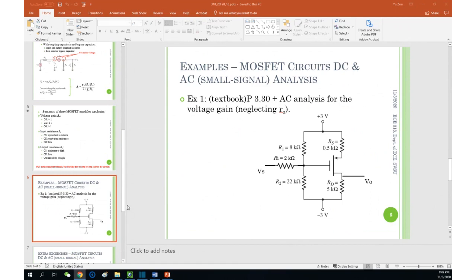No, the VA, first of all, will definitely be given. And by reading the given VA, you know whether ro should be involved or not. VA will definitely be given. It's not something you need to find, or something you need to guess or assume. No, VA definitely will be given.